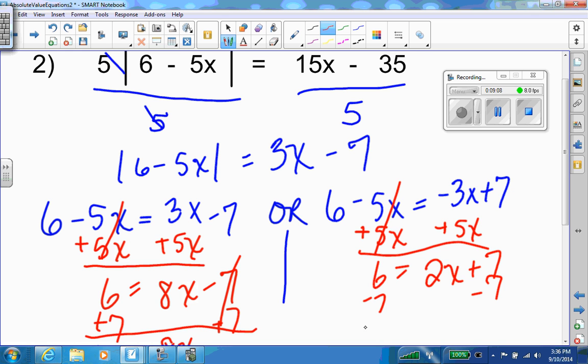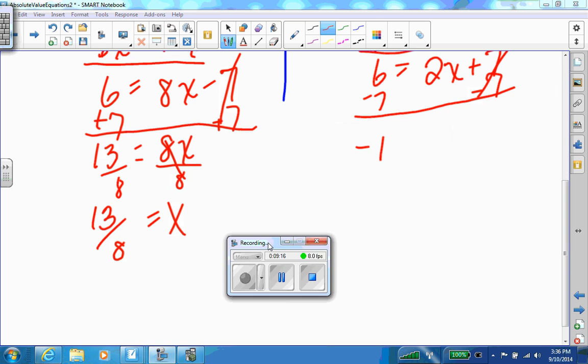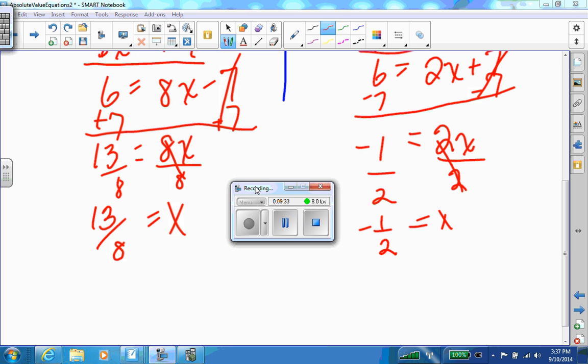Then subtracting 7 so that I get my constants on the left and my variables on the right. So negative 1 is going to be equal to 2x. Then dividing by 2, we get another possible solution of negative 1/2. So we have two possible solutions, 13/8 and negative 1/2.